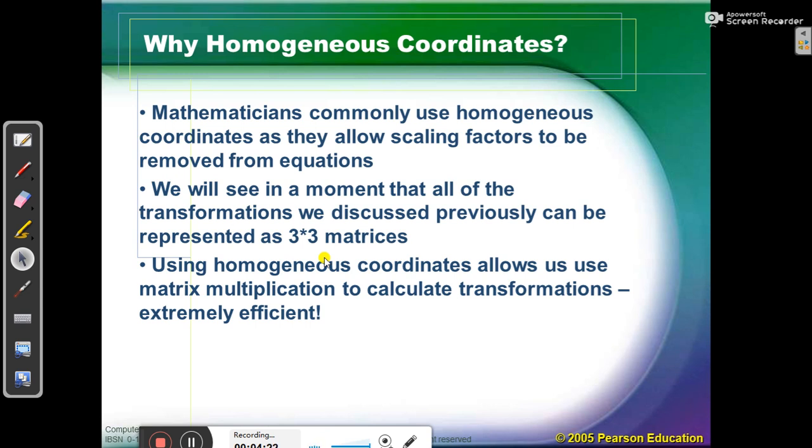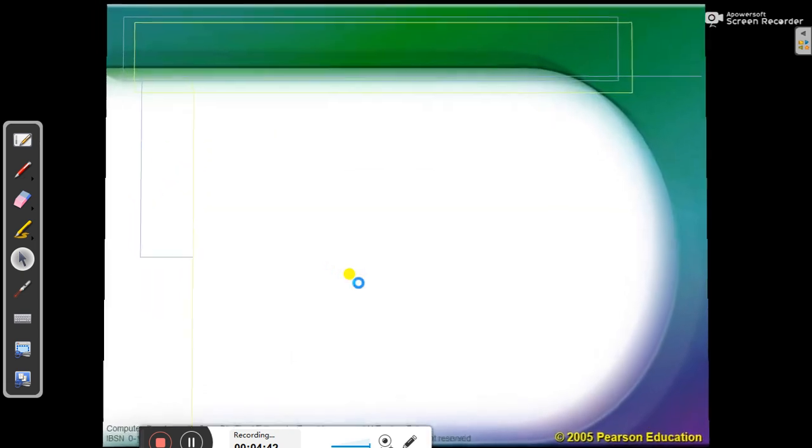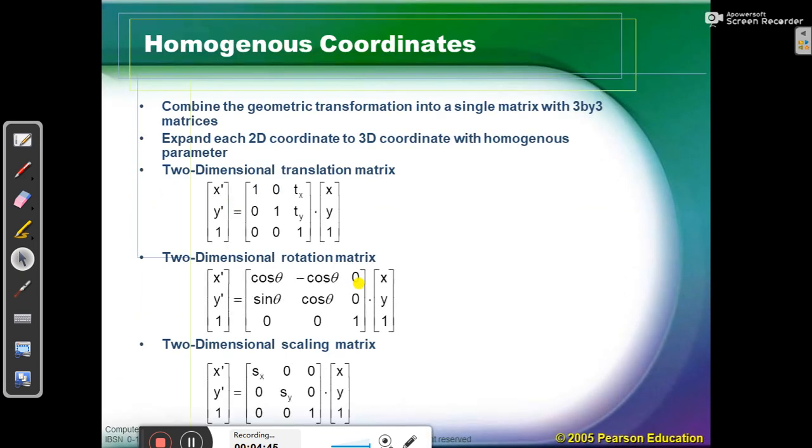Using homogeneous coordinates allows us to use matrix multiplication to calculate the transformation extremely efficiently. That is the main point: it makes the transformation calculation easier.